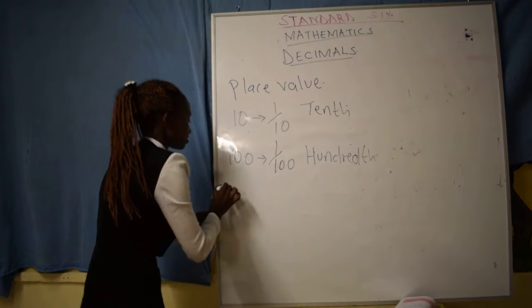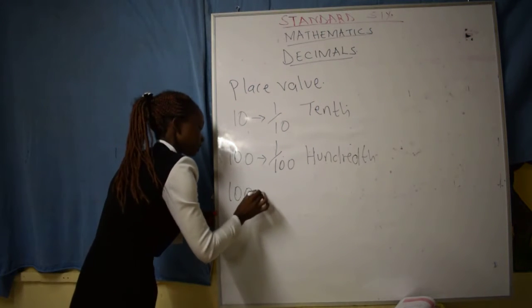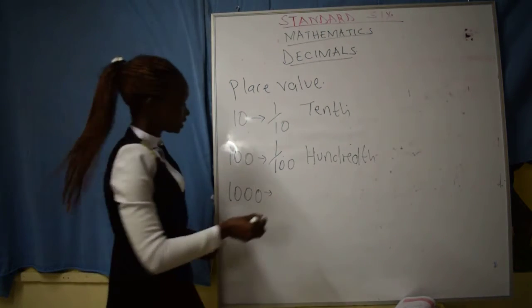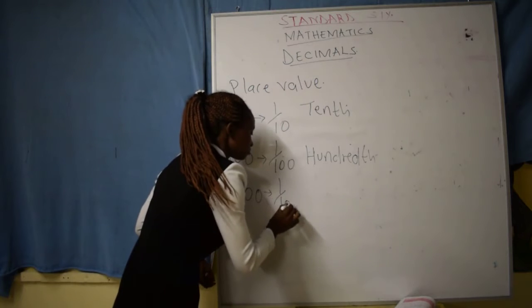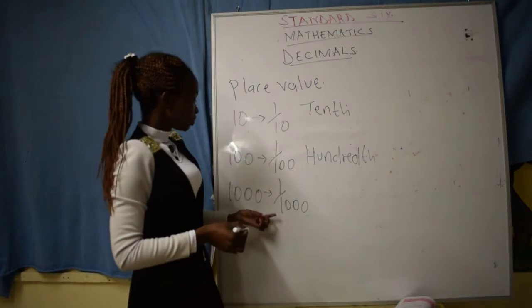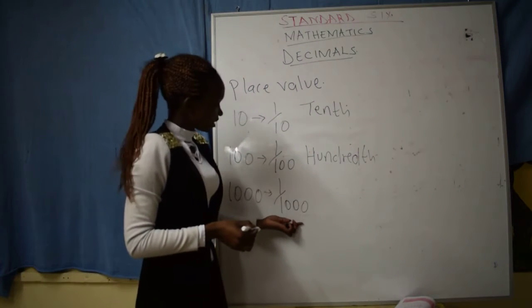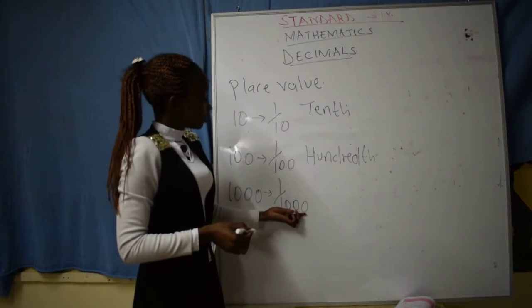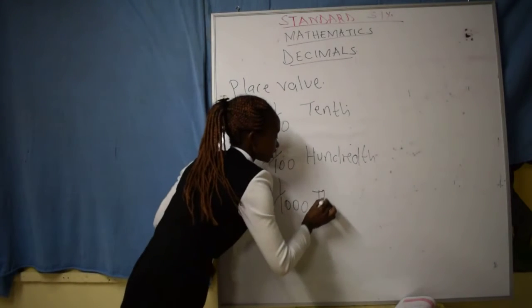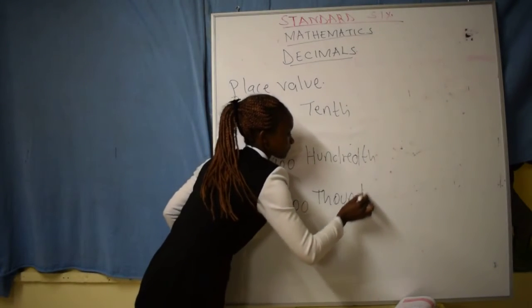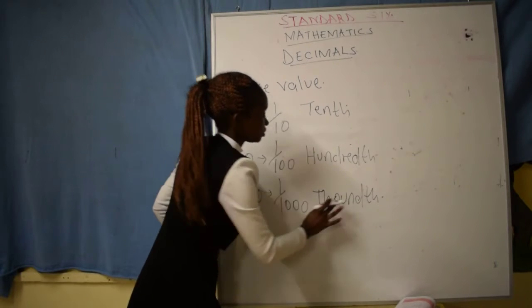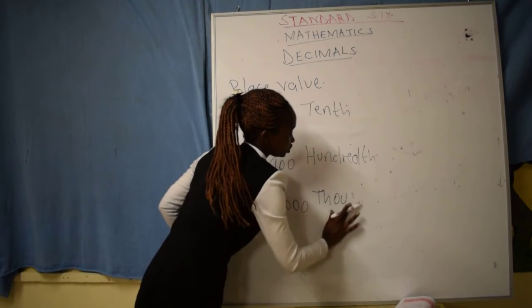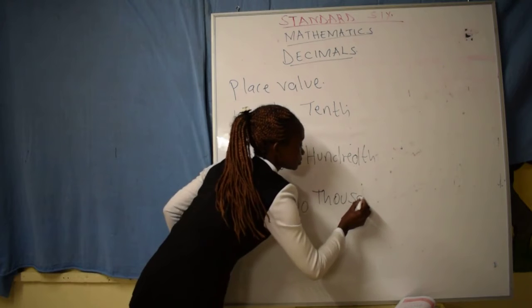Next, we have 1,000. And 1,000 as a fraction is 1/1,000. So when we write 1/1,000 in words, it's thousandth. And don't forget the TH at the end.